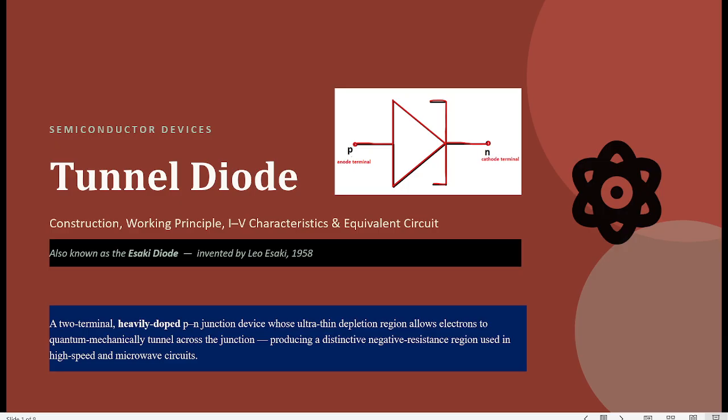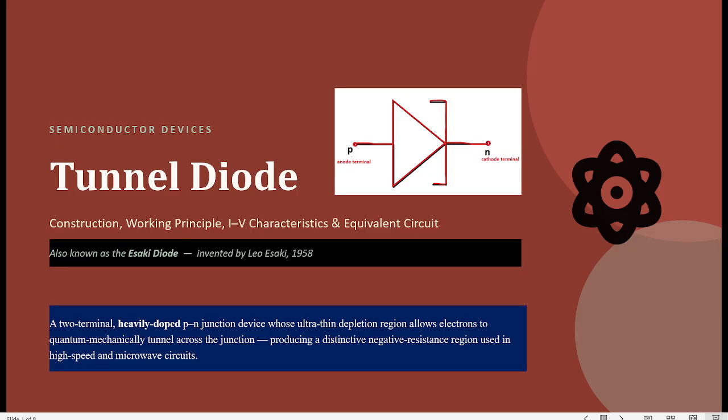Because of this very thin depletion region, an extremely high electric field exists within the depletion region, and as a result the conditions are favorable for the quantum mechanical tunneling of electrons from one side of the junction to the other side of the junction.